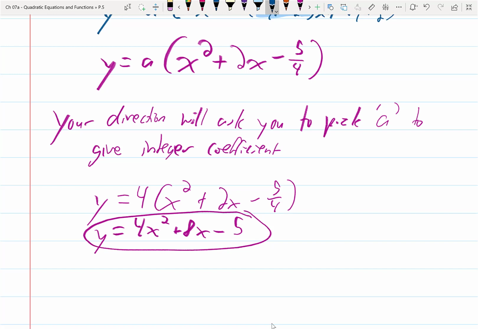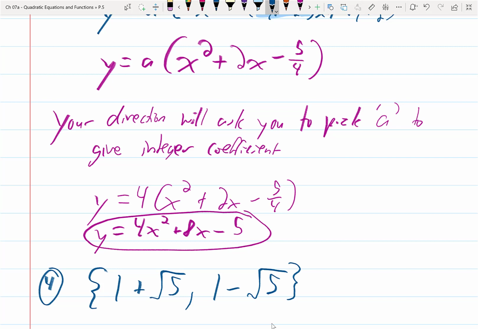Okay, I want to do a couple more of these. Number 4, I'm going to give you 1 plus root 5 and 1 minus root 5. This isn't as bad as it looks.